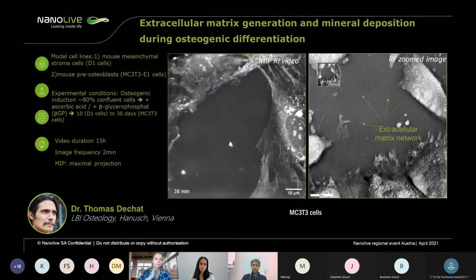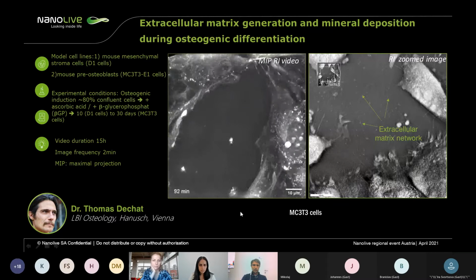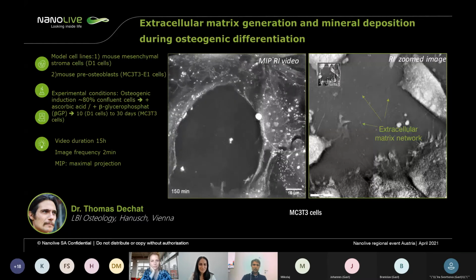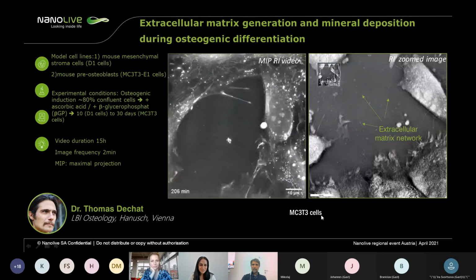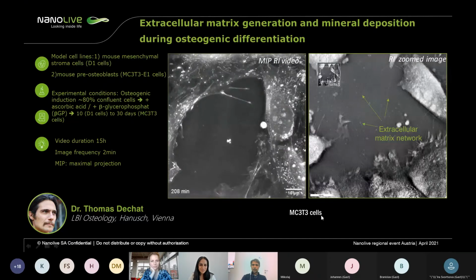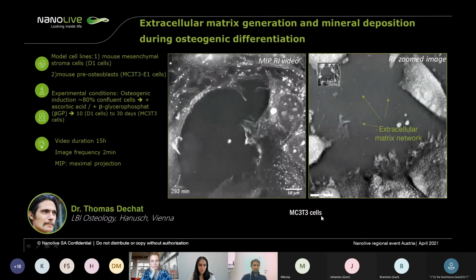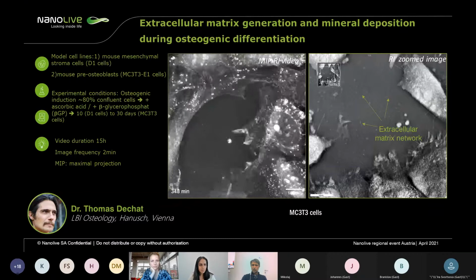Okay, and then I'm coming already to the last slide, which I also showed my students because I'm teaching a stem cell course now, and they were very impressed by the microscope. These were MC3T3 cells, again induced. I don't recall exactly for how long.